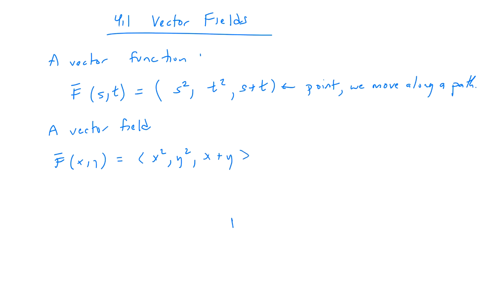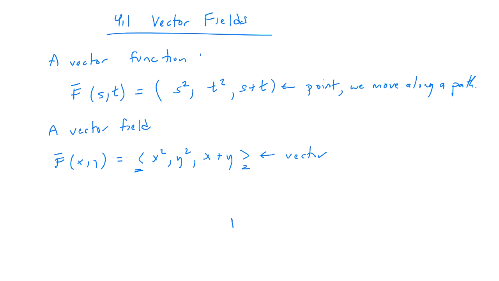But what I'm showing with the parentheses here is now we're looking at the output not as a point somewhere on the surface. We're thinking of it instead as a vector. And so in some ways, that's the difference between a vector function and a vector field. A vector function, we're looking at the point at a particular value of s and t. In a vector field, we're looking at a particular vector at a particular point, x and y.